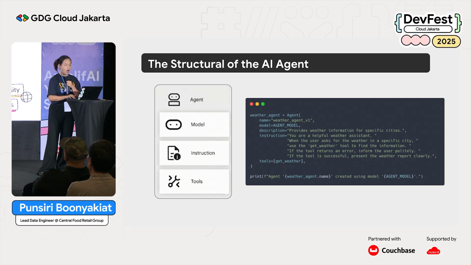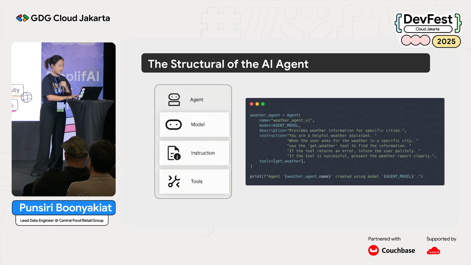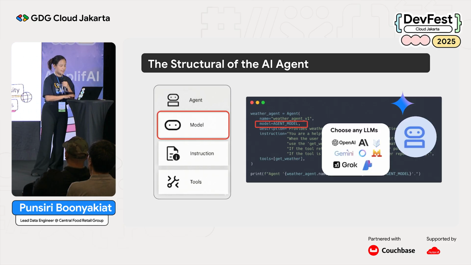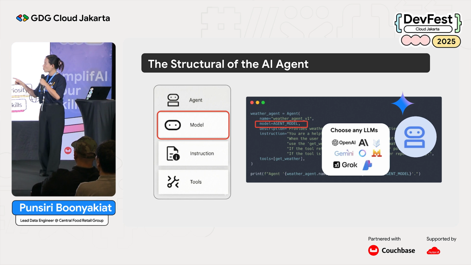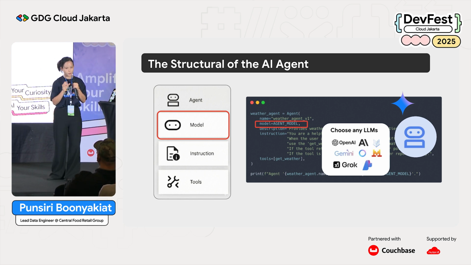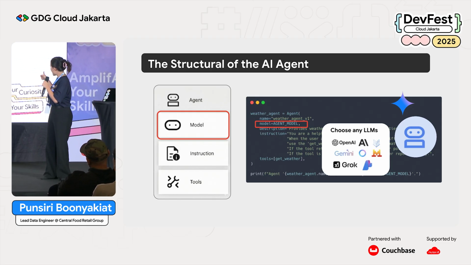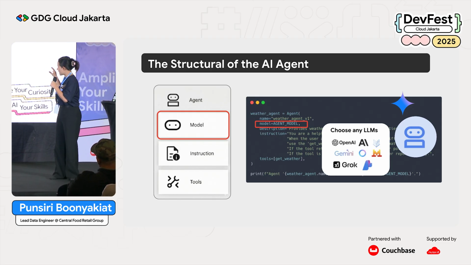Basically, all your agents will consist of these 3 things. The first thing is the model. With Google ADK, you can select whatever large language model you want. You can select Gemini, OpenAI, or others as well.